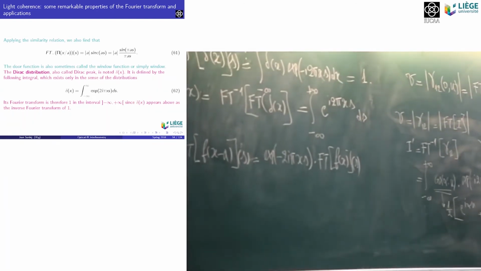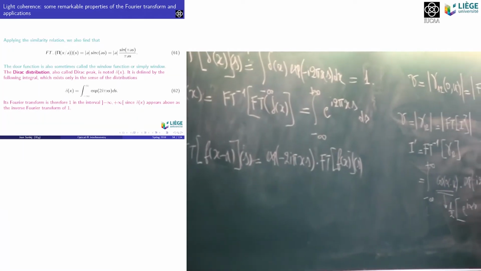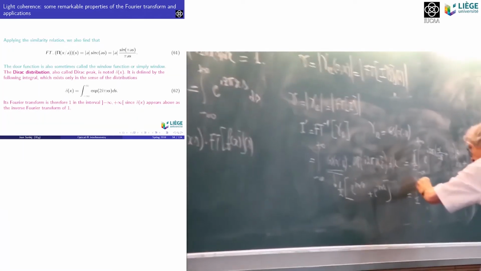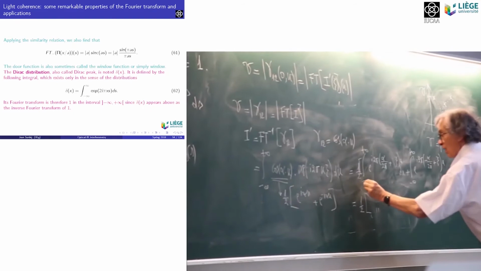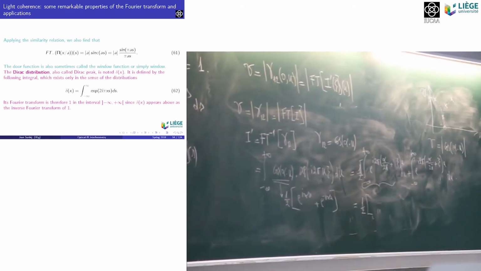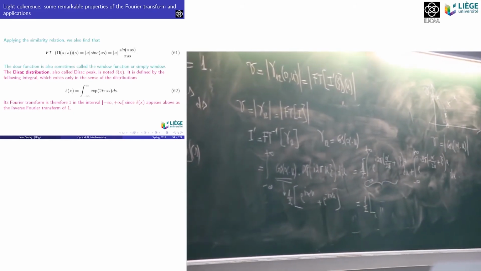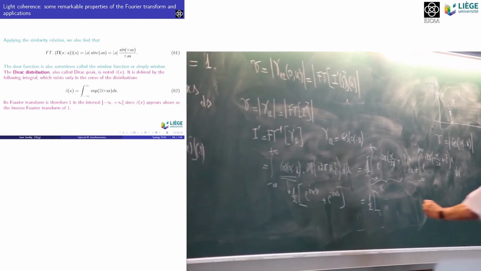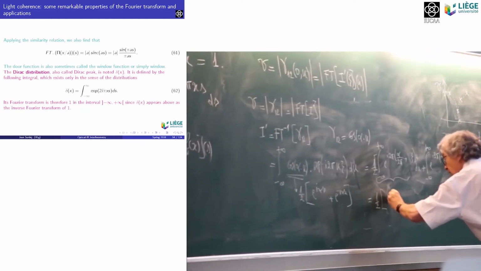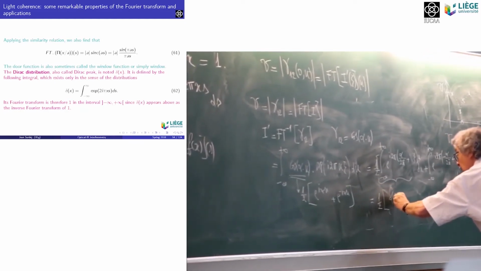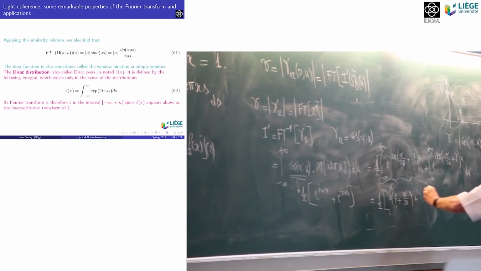So I just say, okay, this is 1/2 delta of zeta plus alpha over 2 pi plus delta of zeta minus alpha over 2 pi.